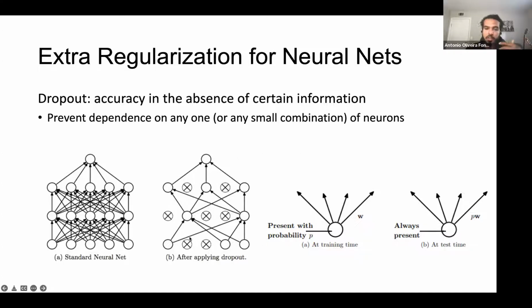So potentially the network could say, okay, I don't need that feature specifically, so I'm just going to assign a lot of weight to this first feature and very little weight to that one. The thing is that that information is not going to be available all the time during training, right? So you do enforce the feature that's coming from that other node to also be taken into consideration, okay?